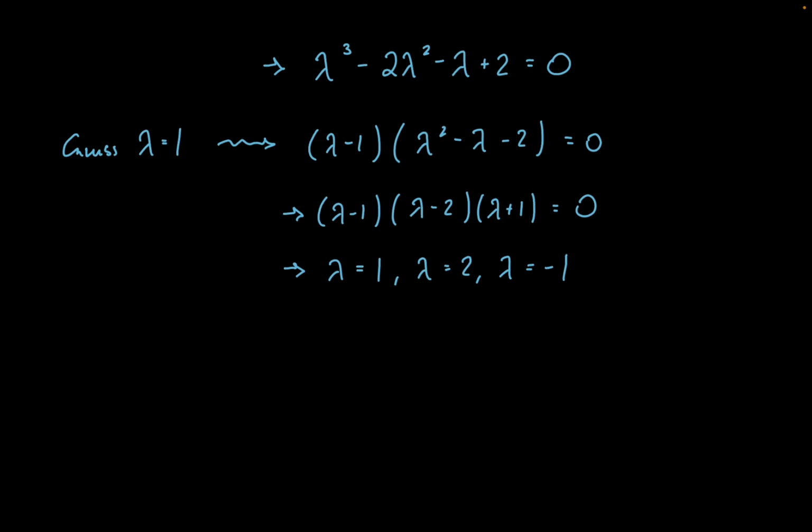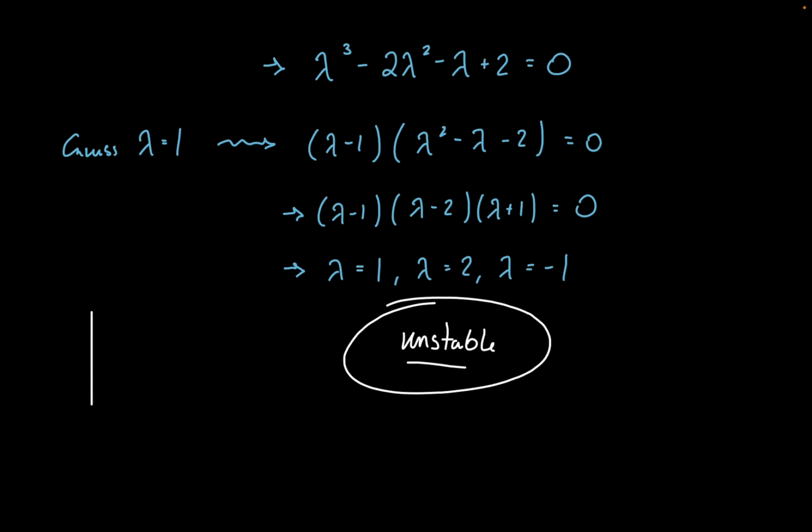So right off the bat, we can say that this system is unstable. So we're going to write unstable system when it's in this stationary point. And the reason for this is, let me draw an imaginary real axis real quick. So if we say this is our real axis and this is our imaginary axis, let's plot these eigenvalue points.